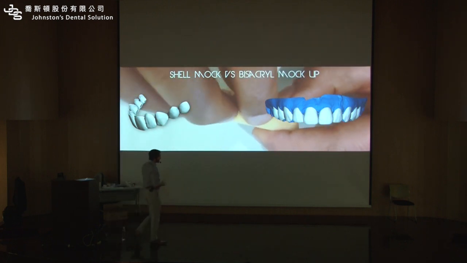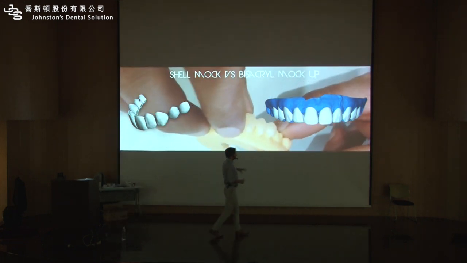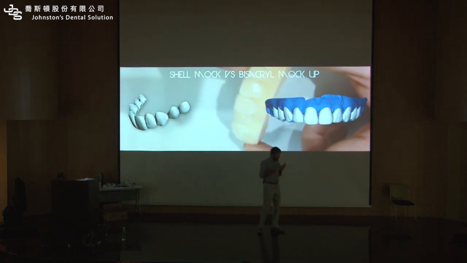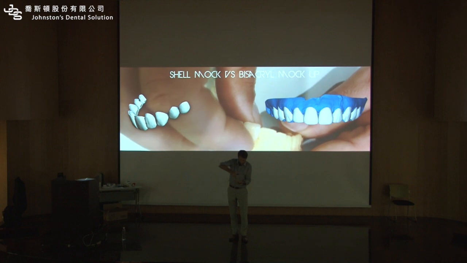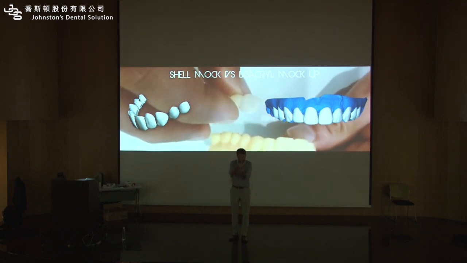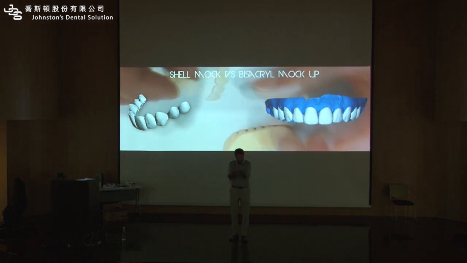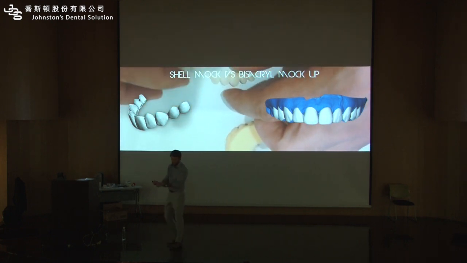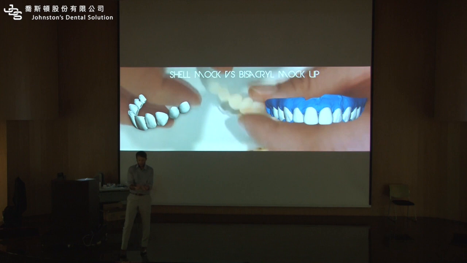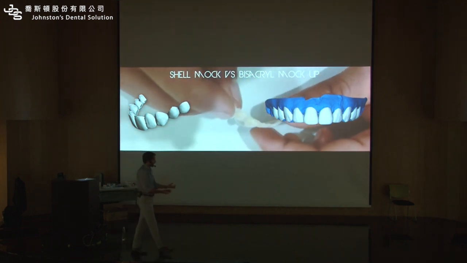If we print the model, we need to do a silicone index, bisacryl material in the mouth, clean the access, wait 3 minutes, and remove. That's the traditional mock-up with bisacryl. Okay, everybody understand?